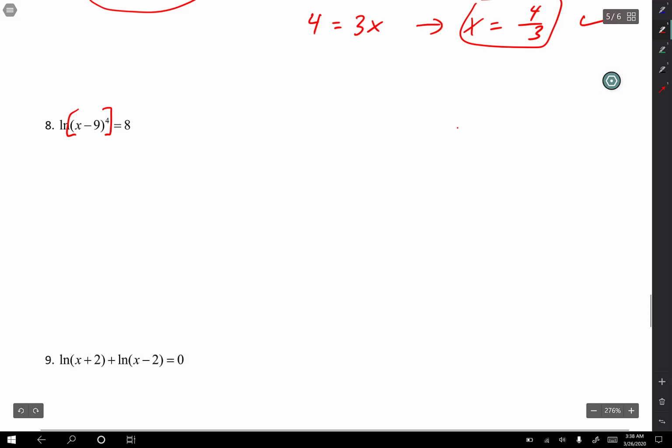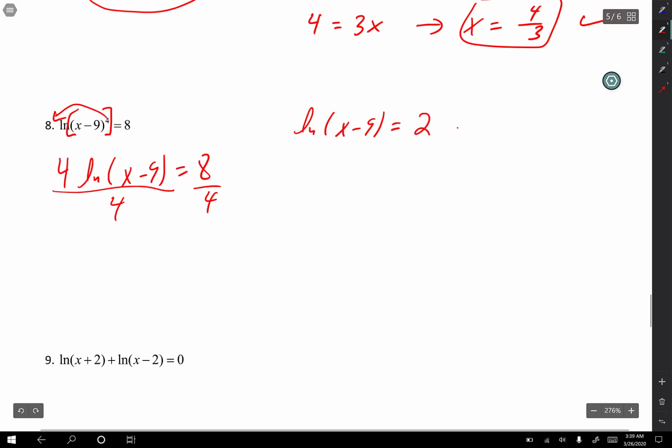All right, so here we go. I'm going to bring that 4 to the front. That's your power rule. So 4 ln of (x minus 9) equals 8. I'm going to divide both sides by 4. So I'm going to have ln (x minus 9) equals 2. And we haven't really talked too much about e, but in order for us to bring that down, well, you know what?